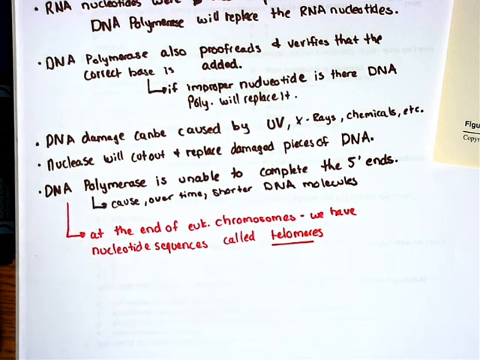And if you think about it, if we're gonna notoriously be unable to complete our replication at the ends of these molecules, then it would be horrible to set an important gene like the gene for, and I'm making this up, but the gene for breathing at the end. Does that make sense?